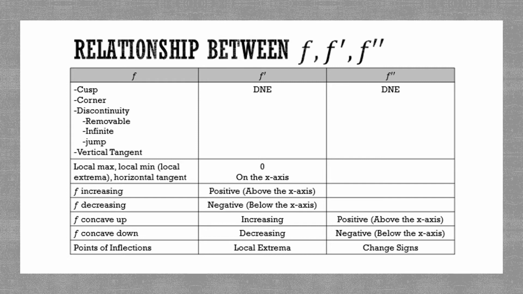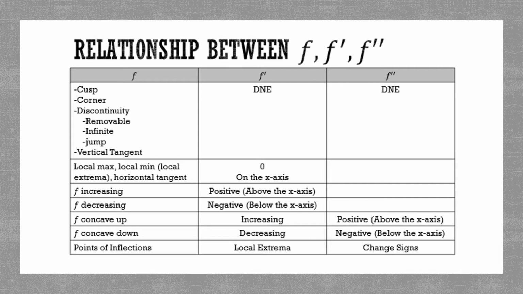If you are given a cusp, corner, discontinuity, or vertical tangent, these are all places where your function cannot be derived. You do not have a derivative at that cusp, corner, discontinuity, or vertical tangent. So the first and second derivative would not exist.